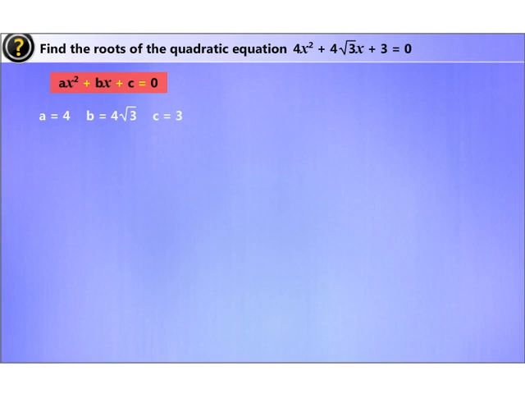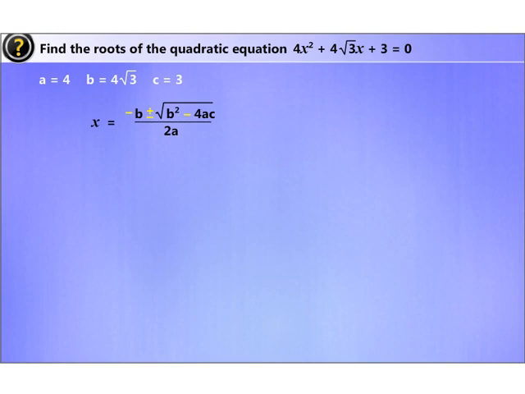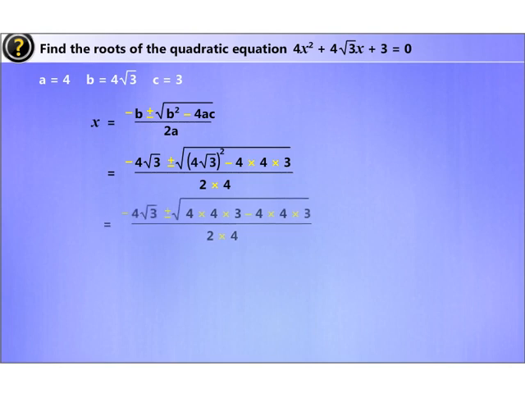We know by the quadratic formula x is equal to minus b plus or minus root b square minus 4ac whole divided by 2a. Substituting the values of the coefficients, we get x is equal to minus 4 root 3 plus or minus root 4 root 3 the whole square minus 4 into 4 into 3 divided by 2 into 4.